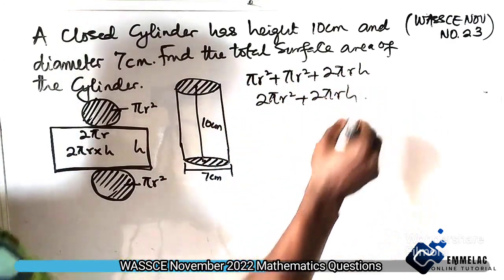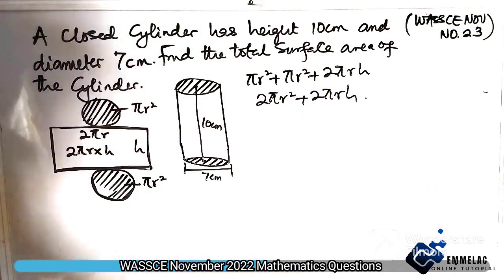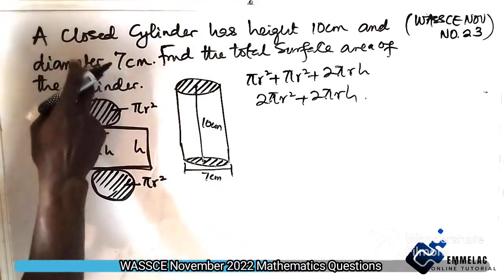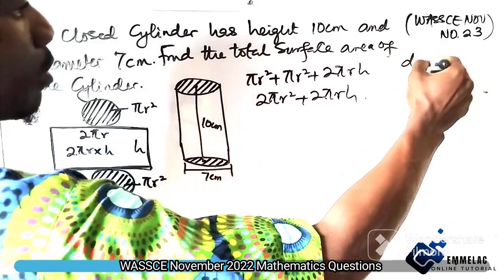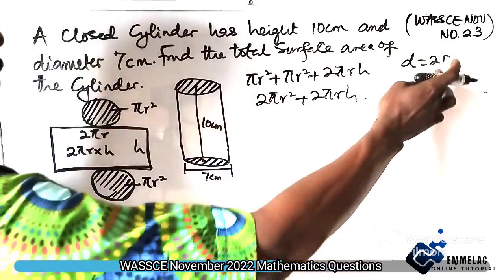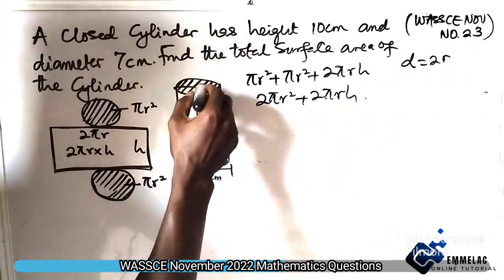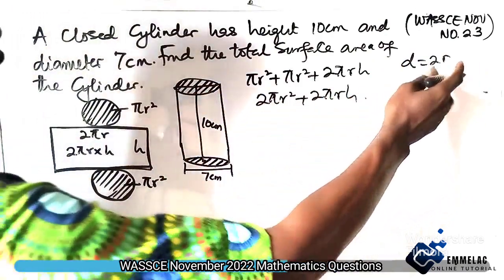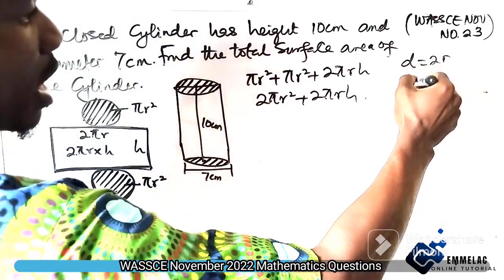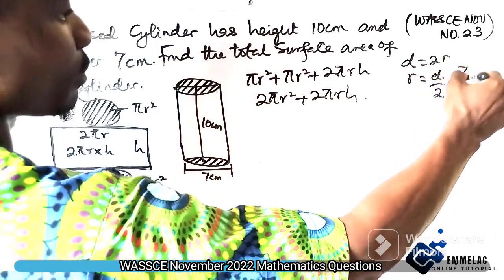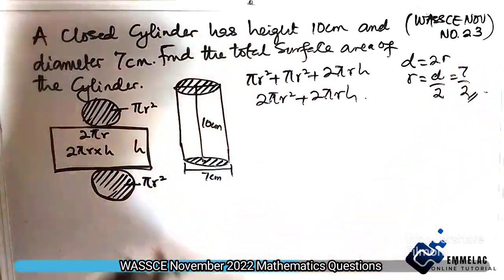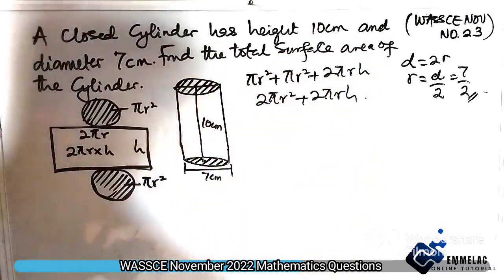Alright, since all the parameters are given, the diameter equals 2r. So for us to get our r, r equals diameter over 2, which is 7 over 2. And our height is 10 centimeters.